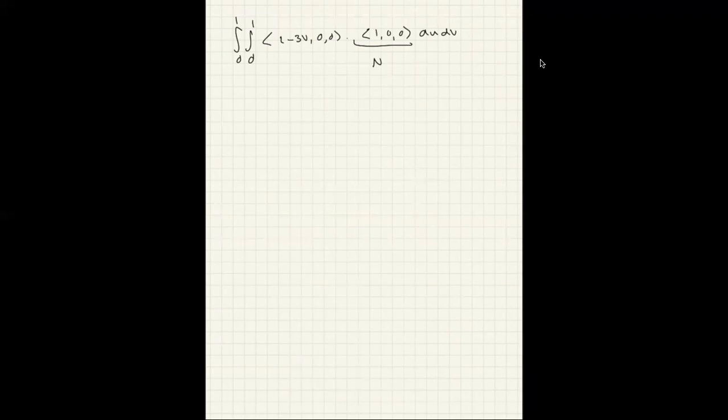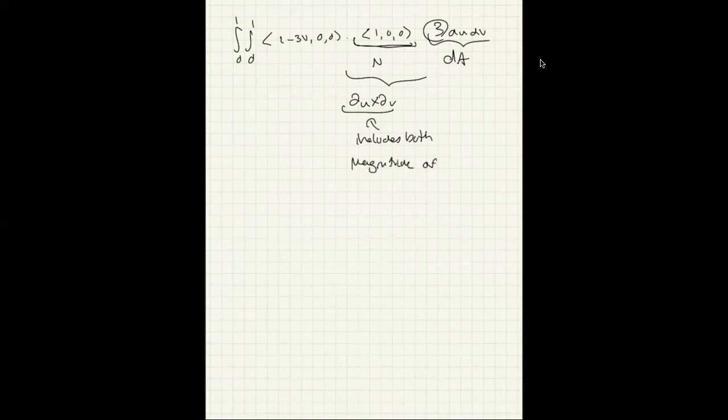And the real reason is that you can do it this way, but you would need to include your area element. This would need to be dA. So somehow a magnitude and a unit direction have to come into play. And so typically what's really nice is that the partial u cross partial v actually includes both the magnitude of dA and the direction of n.